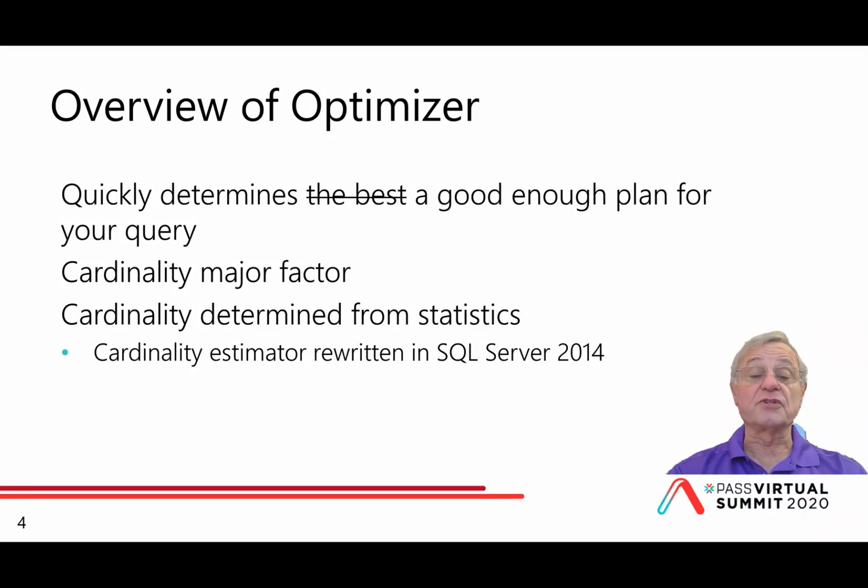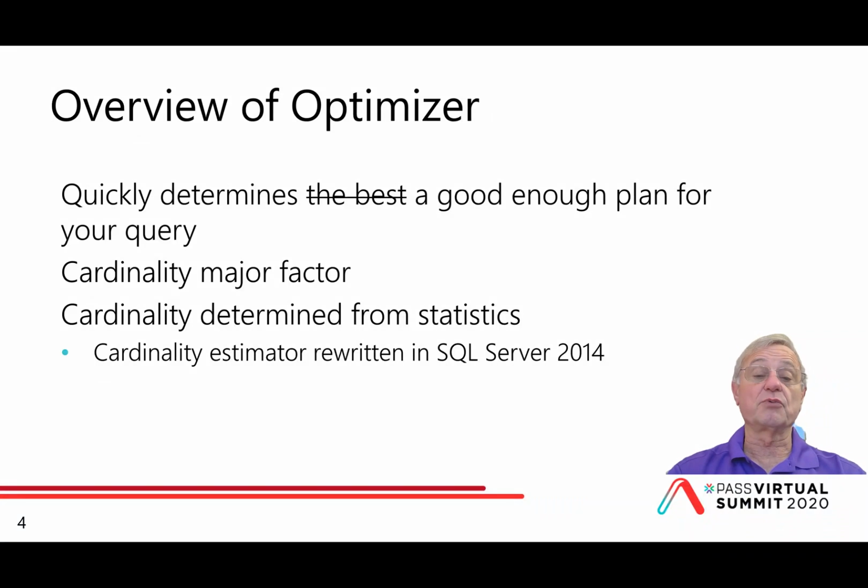It's very important to realize that the cardinality estimator was rewritten in SQL Server 2014. The prior version, which was created way back when with Sybase, was in place for over 20 years. So it was a very good one, but it wasn't perfect. I'm sure the current one is not perfect, no such thing.